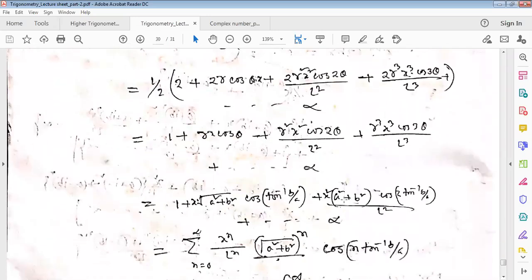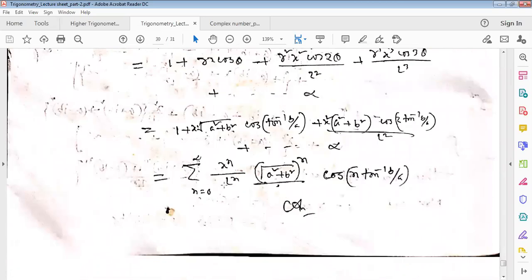Just putting all the values, making it a series, the sum from n equals 0 to infinity of x to the power n by factorial n, square root of a square plus b square to the power n, cos n tan inverse b by a. This whole series can be written as a summation. This is the result.